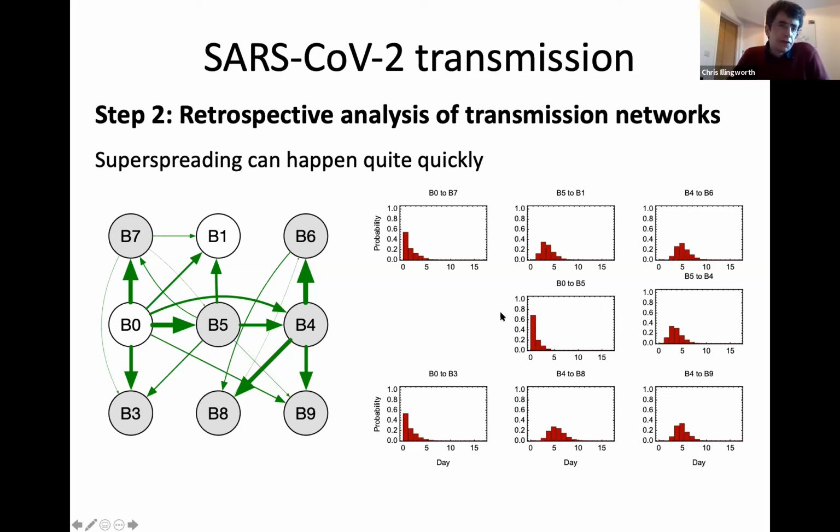What you see is that B0 comes onto the ward, so they've got COVID, but they're put on a green ward by mistake. And very quickly, they've infected 3 healthcare workers straight away. And that goes on to build a larger transmission network of events. So that tells us that superspreading can happen quite quickly, making a particular challenge for dealing with these kinds of infections in hospital.